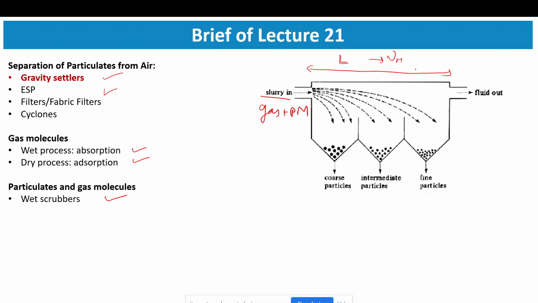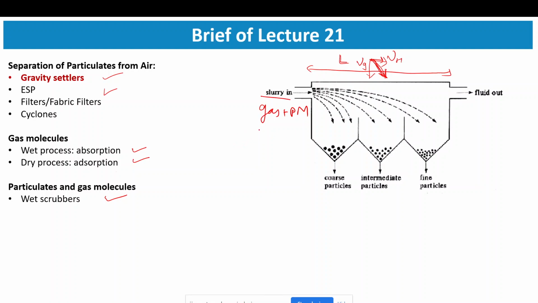The notation can be different, but there will be some horizontal component of velocity and there will be some vertical component of velocity, which is because of the gravitational force acting on the particles. So it will follow a trajectory in this direction. This will be the resultant direction in which it flows, and that is how the coarse particles will be settled first because more mass is there.